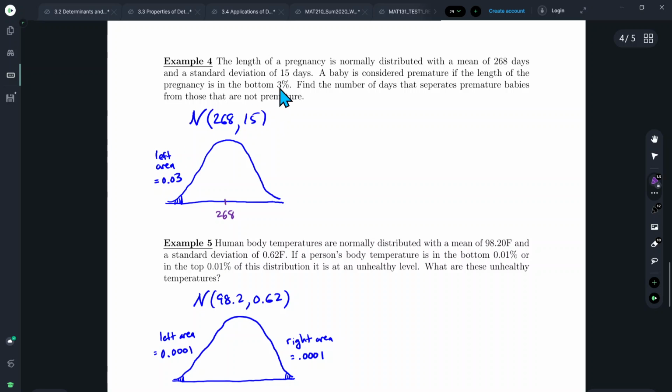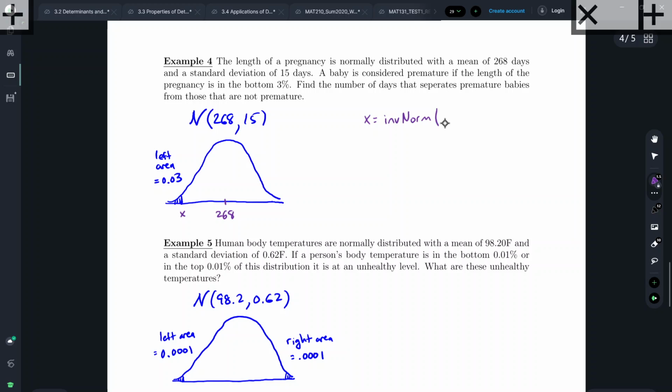We need to convert the percentage to decimal form, dividing by 100 to get 0.03. Because we're given an area and asked to calculate the unknown x value, we need to use the inverse norm command. So x would be inverse norm.